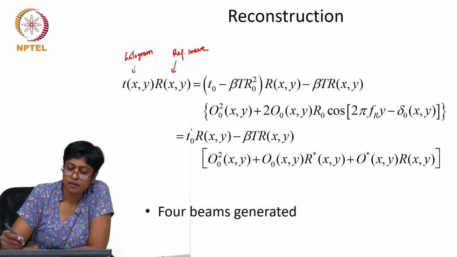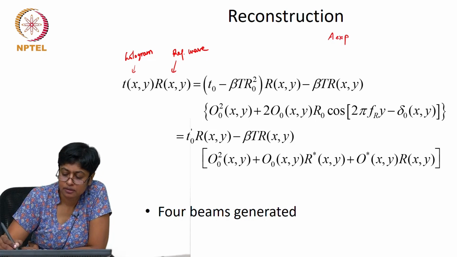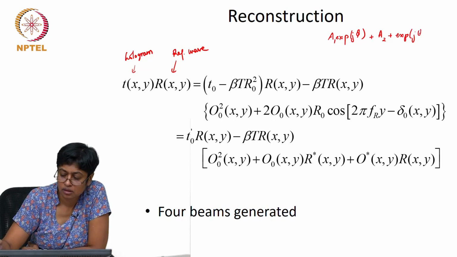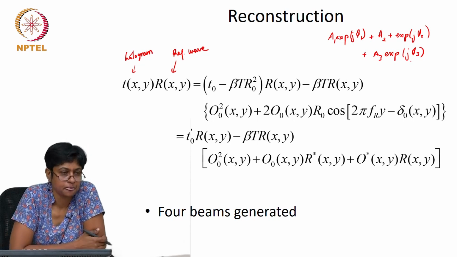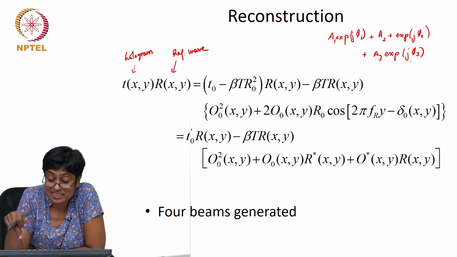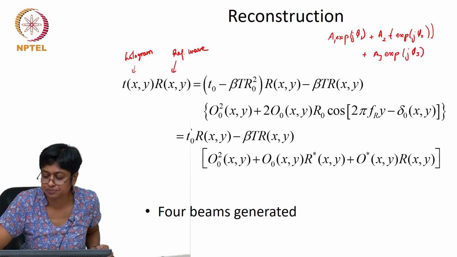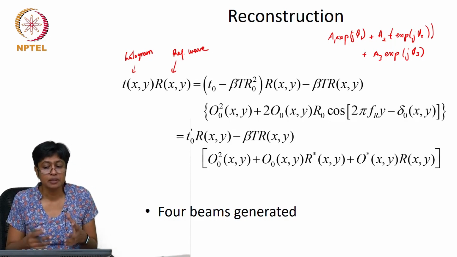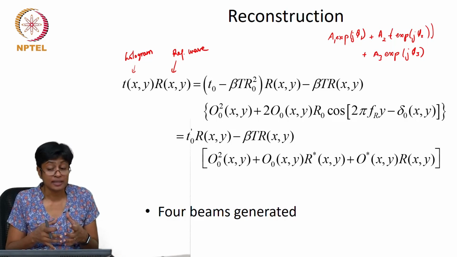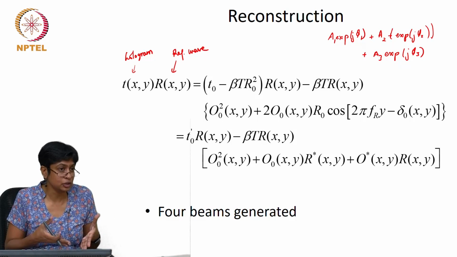Now, if I write something like this, that summation means that I am looking at the combination between each of these terms, which means I could consider each of these to be a unique beam.